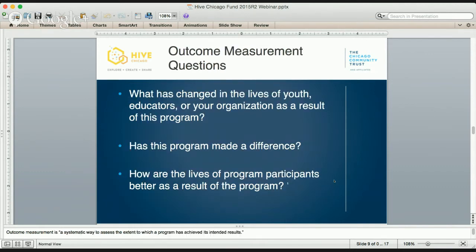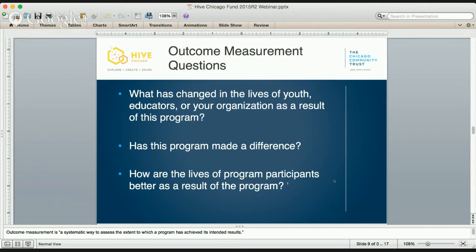These are some of the questions you can ask yourself when you're drafting your outcomes. What has changed in the lives of youth, educators, or your organization as a result of this project? What's going to happen as a result? Has the project actually made a difference? That's something you're going to do at the end, but you should think about it from the beginning when you're drafting your concept. Are you testing an idea? Are you experimenting?